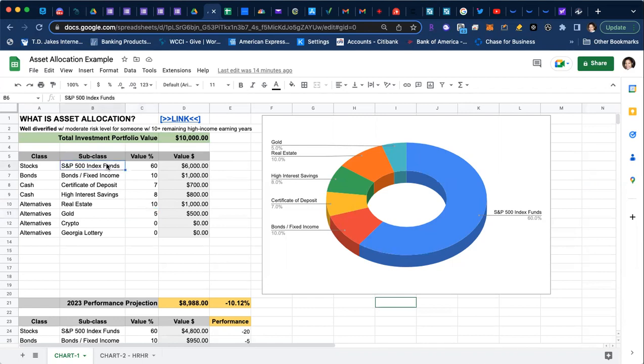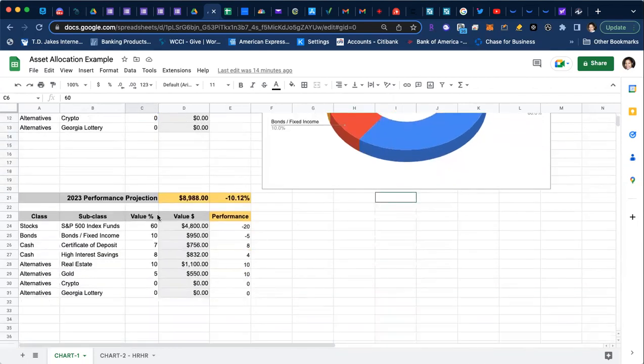And for me, that would be an S&P 500 fund. So that's the premise of a moderate risk portfolio, that the lion's share of it is in something that's pretty moderate.